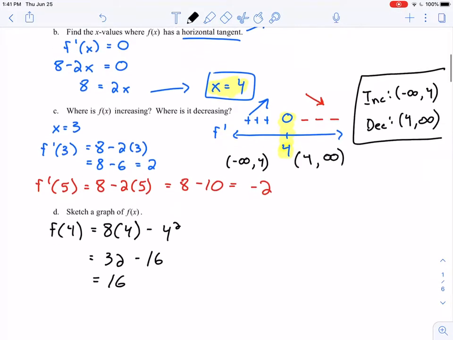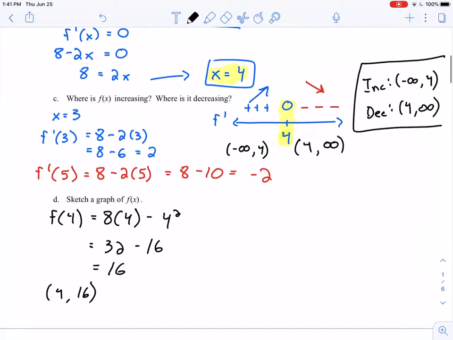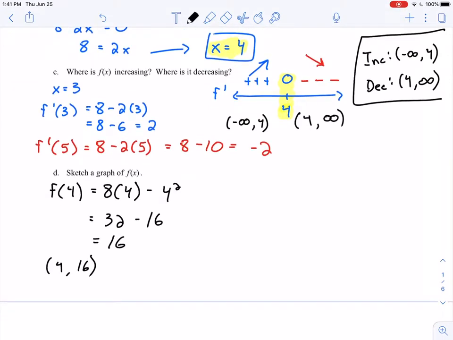So that means I have a point at (4, 16). I don't know exactly what's going on there, but that seems to be an important point. Let's go ahead and plot that point. So I've got a point at 1, 2, 3, 4, and let's do 2, 4, 6, 8, 10, 12, 14, 16. We've got a point right around here.